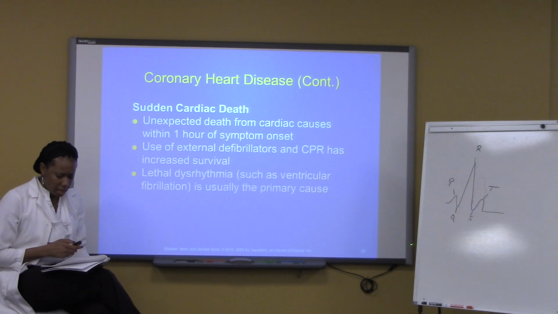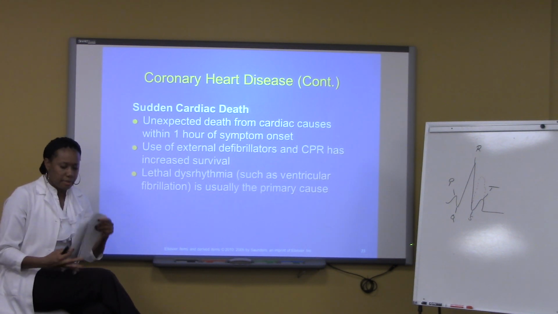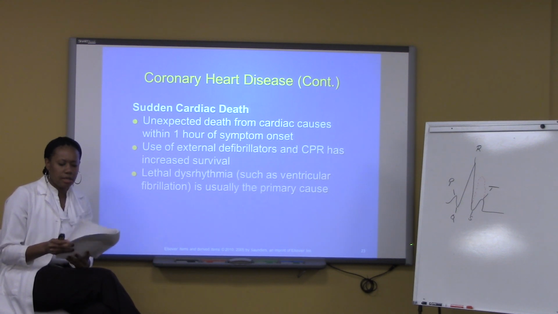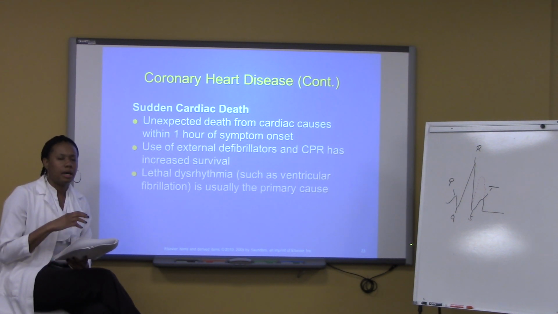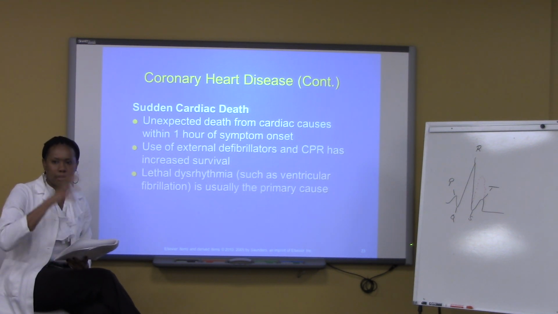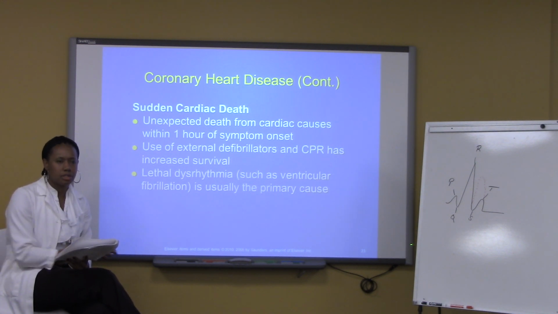Okay, now, causes, if you want to jot this down, the causes here are going to be, number one, multi-vessel arteriosclerosis. Obviously, if we have a blockage in a whole bunch of vessels, that's going to lead to just a little bit of blood getting to the heart.